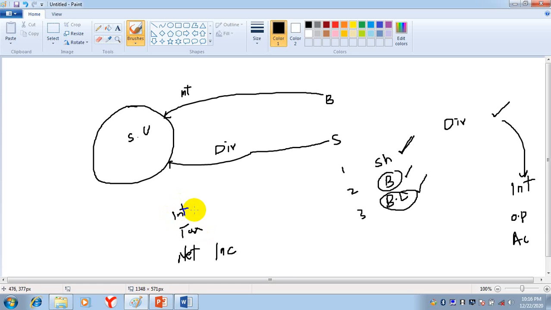So for calculating the net income, we first deduct the interest, then we deduct the tax payments. Because these two items decide our net income, and all those items which decide our net income will come in operating activities.